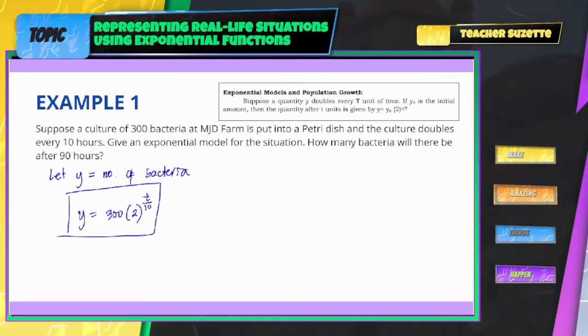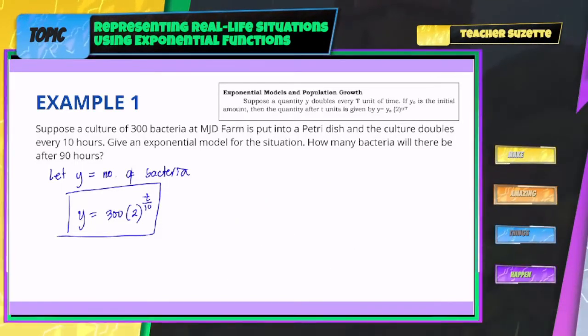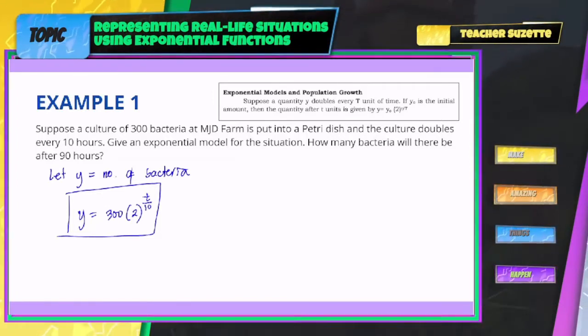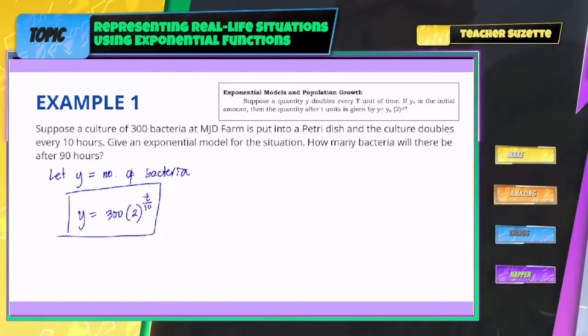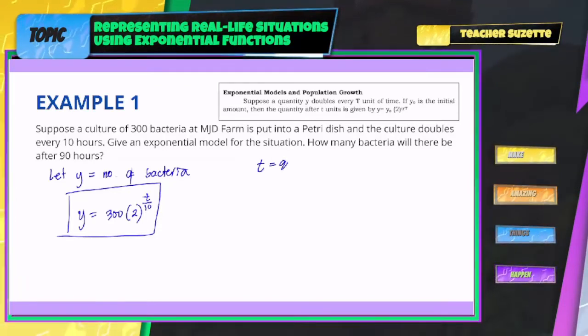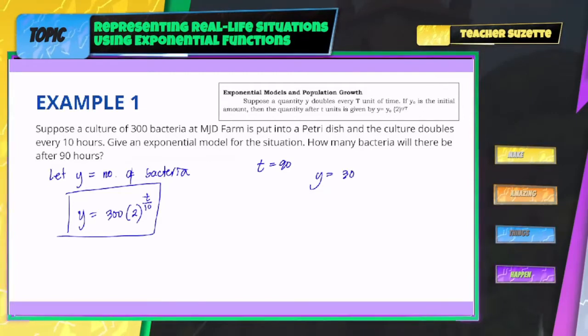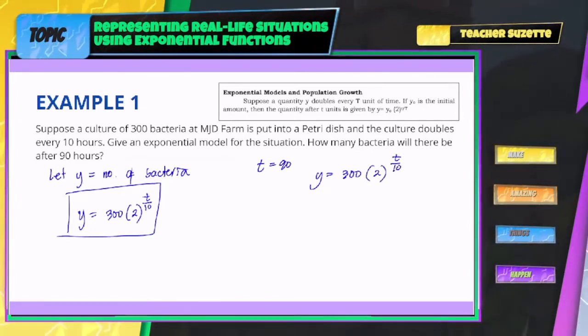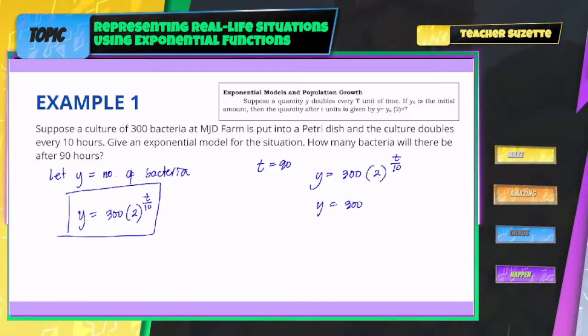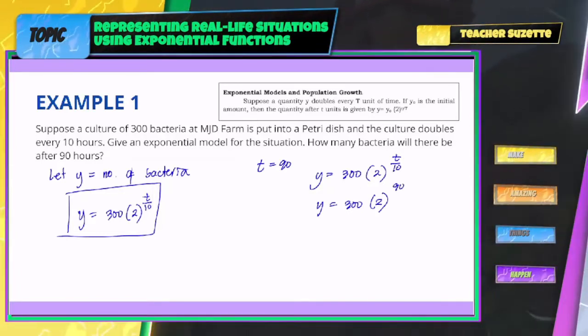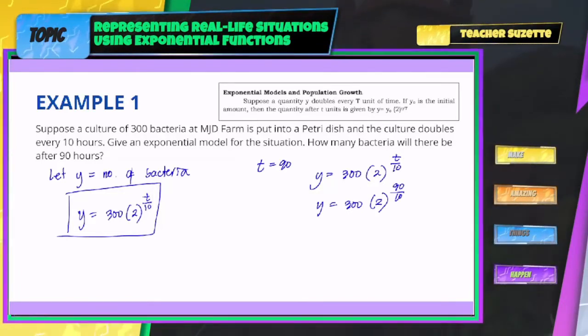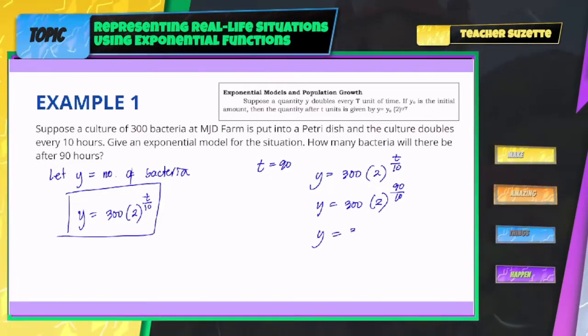With that, we can now easily find how many bacteria there will be after 90 hours. We have time equal to 90 and our function, which is y equal to 300 times 2 raised to t over 10. We simply evaluate our function by substituting our given, which is 90 over 10, then simplify.